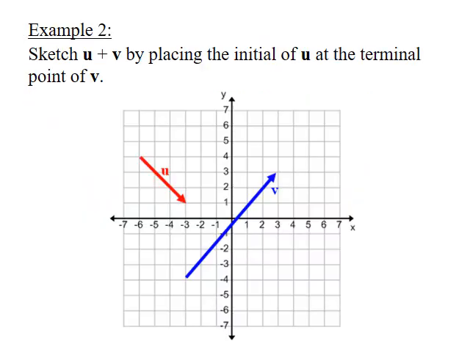Okay, so here we can go ahead and sketch U plus V, and it tells us specifically how we want to sketch this. It says place the initial of U at the terminal of V. So what I'm going to do is take this vector and move it over here.